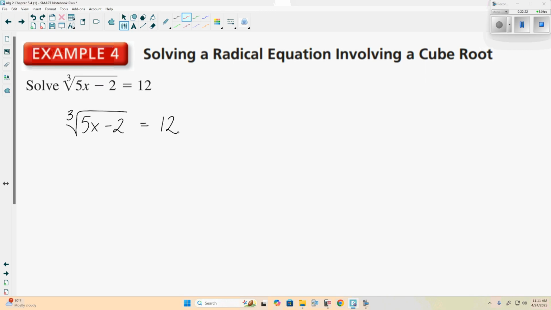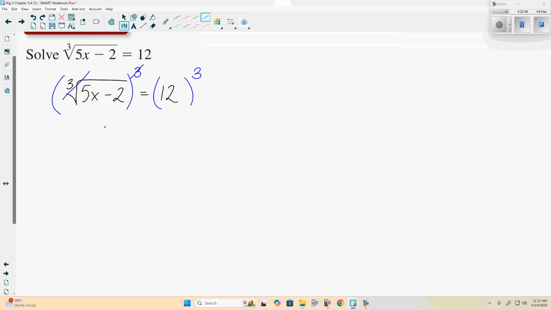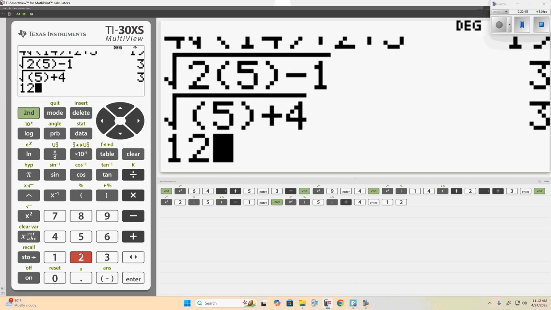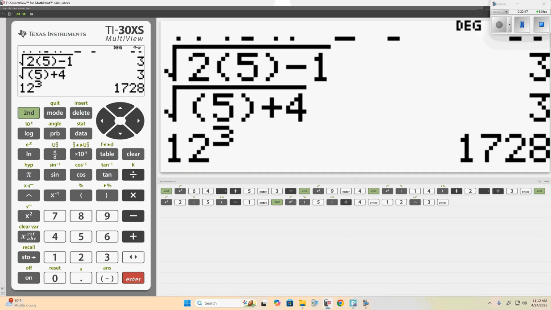So now we need to put both sides to the nth power, and that power would be 3, because the cubed root and third power will cancel each other out. So these will cancel each other out, leaving us with minus 2 is equal to, fortunately I don't have 12 cubed memorized, 1728.